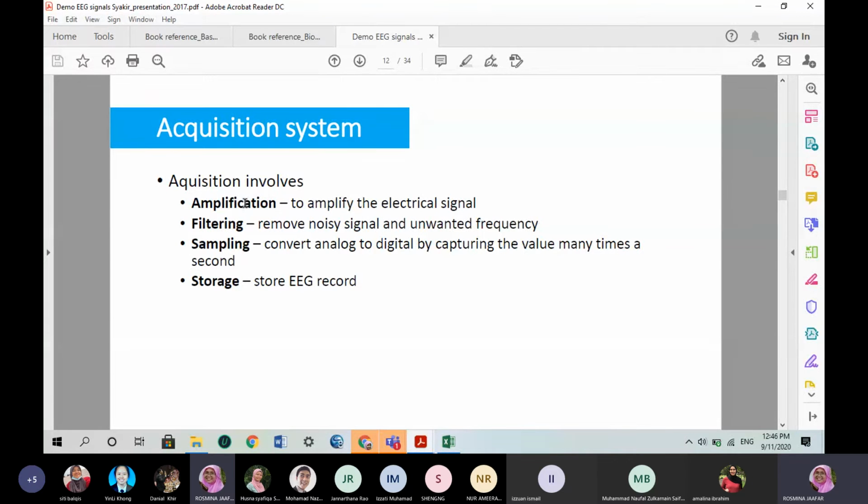And it has a lot of noise, especially muscle noise, so you need to filter. Also there are issues regarding the electrode positioning system for the EEG. You need to have the right sampling and storage. You need to store the EEG record.